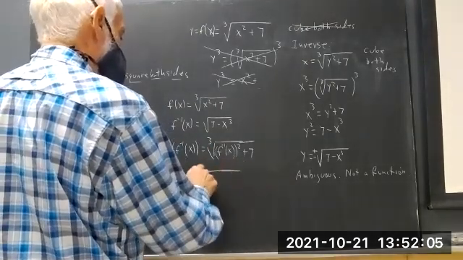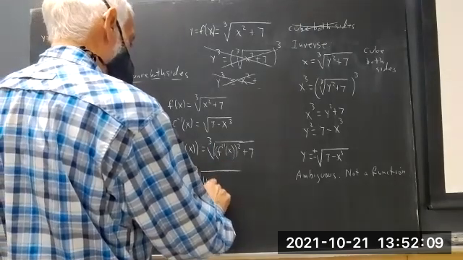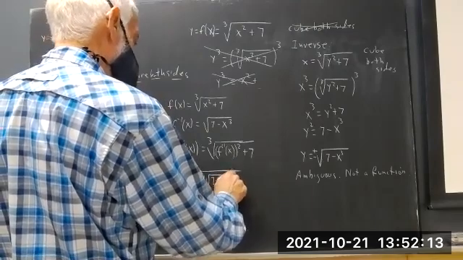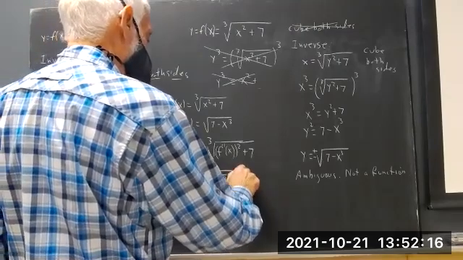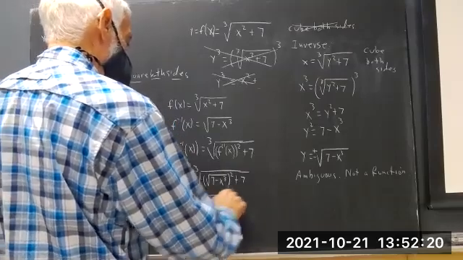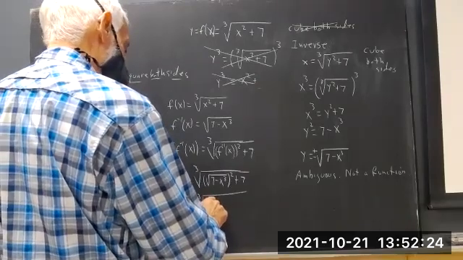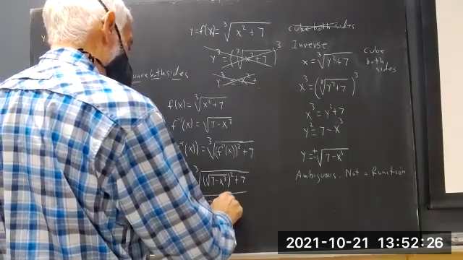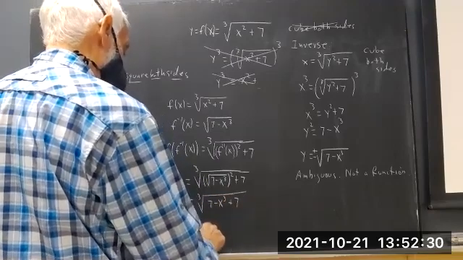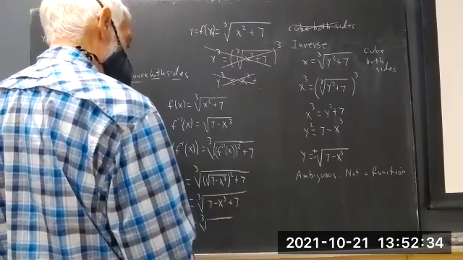This equals the cube root of the square root of x cubed minus 7, squared, plus 7, which is the cube root of x cubed minus 7 plus 7.